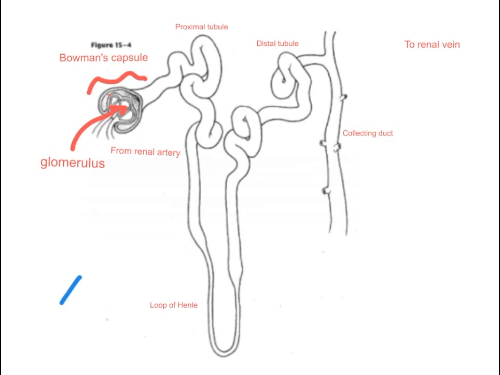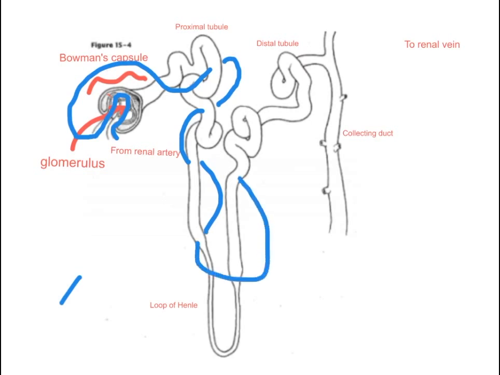eventually will actually snake around. So let's use my blue pen here. So we're going to do this now. The blood would then go through here and get filtered out and out the efferent arteriole. And this vessel actually will loop back in and around. And I'm going to try to be really artistic here. Like that.